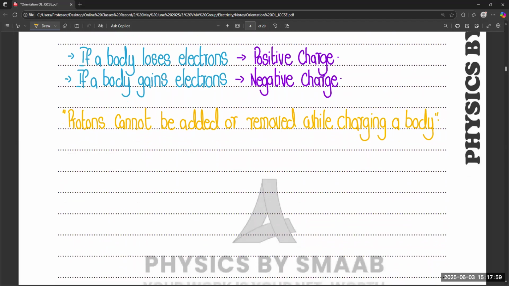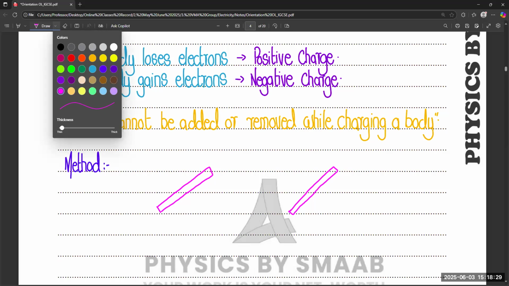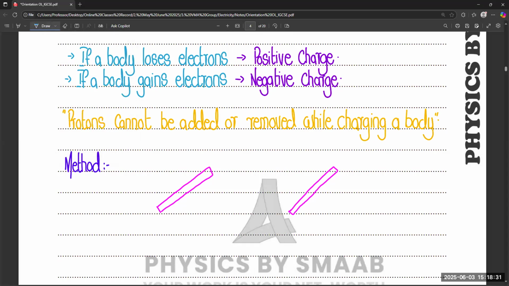So for example, we are using the friction method. The procedure is very simple. First of all, let's suppose we consider a glass rod, and with the glass rod, we are using a cloth.